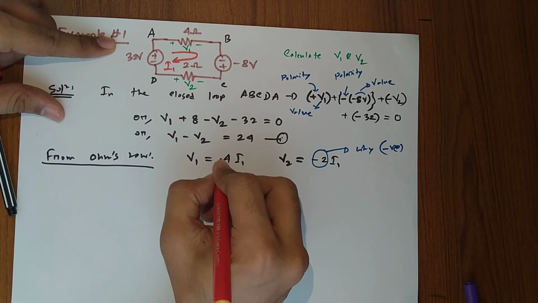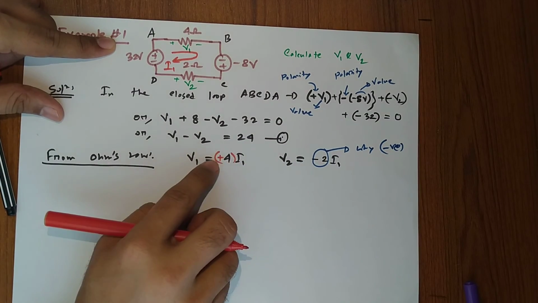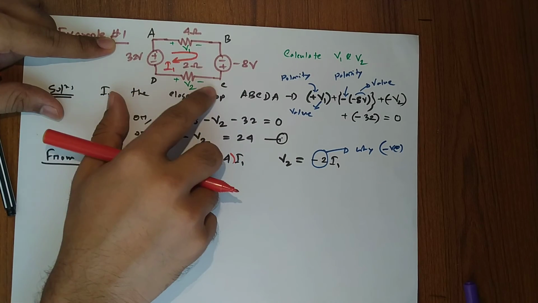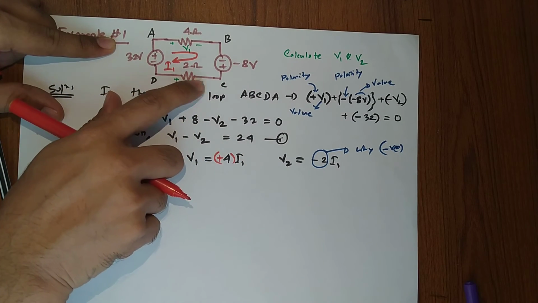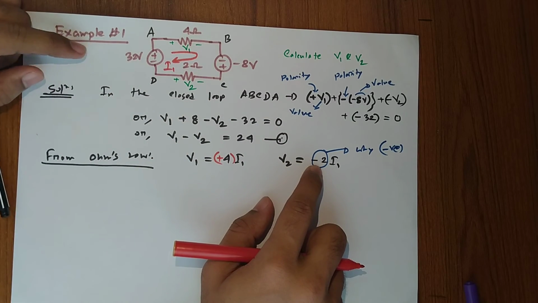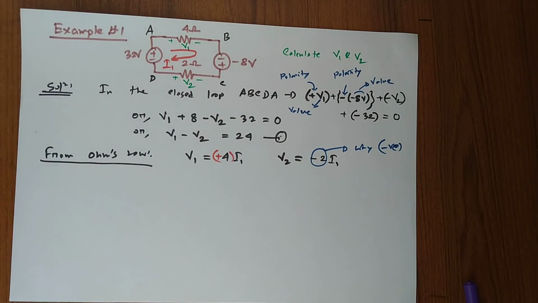That's why we have written positive 4 times I1, but the same current I1 is entering the negative terminal of the 2 ohm resistor. So that's why we have written this negative sign here.